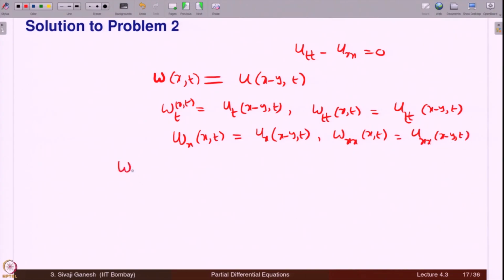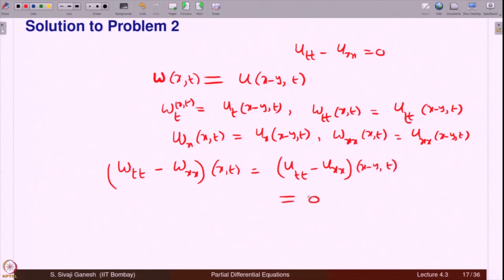Therefore, wtt minus wxx at any point x,t is nothing but utt minus uxx at the point x minus y comma t, and that is equal to 0 because u solves the wave equation at any point x comma t and hence at point x minus y comma t also. So, that means w is a solution to the wave equation.